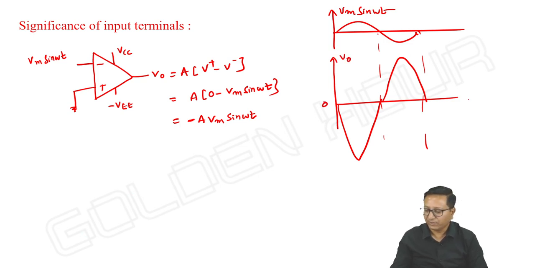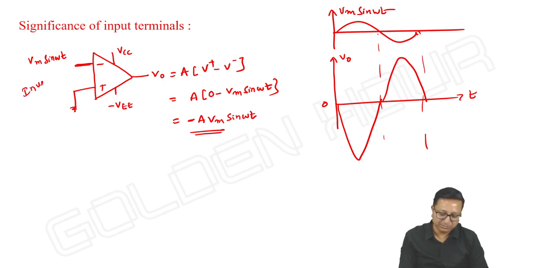So the output is an amplified version of the input, but it is inverted. If you apply any input at this particular terminal, the output will be the inverted form of the input. That's why the name inverting input terminal. It is denoted with a negative sign. That is the notation we follow.